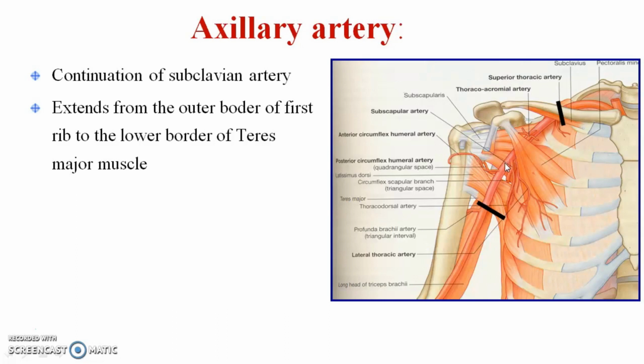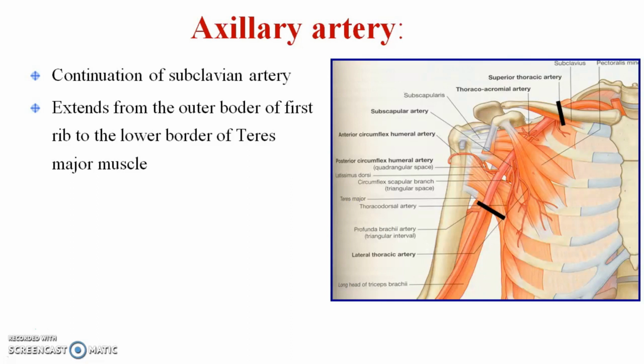Then it moves downwards and reaches the lower border of teres major muscle, which you are seeing here. After reaching the teres major it continues as another artery called the brachial artery, because this region is called brachium, as you already know. So brachium with an artery we call the brachial artery.